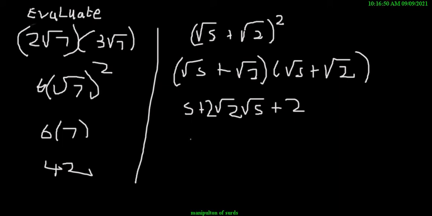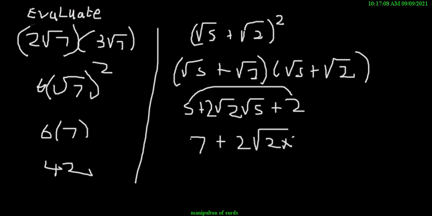So now we have 5 plus 2, which is 7, and here we can simply multiply the 2 and 5, so it's plus 2 root 10. We can clearly see that this becomes 7 plus 2 root 10, and that's our answer.